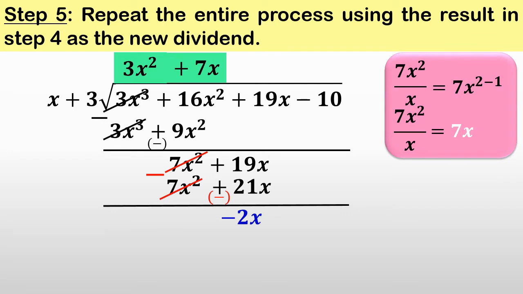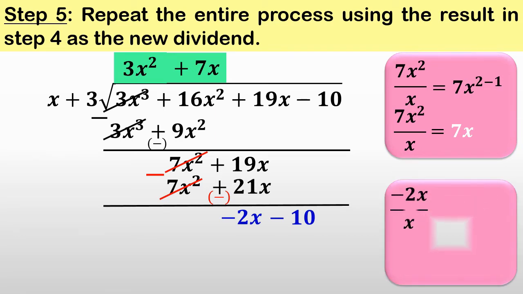And then, let's bring down the next term, which is negative 10. So, repeat the process again. Divide the first term of the dividend to the first term of divisor. Negative 2x divided by x is equal to negative 2x raised to 1 minus 1. Again, subtract the exponent. So, 1 minus 1 is equal to 0.